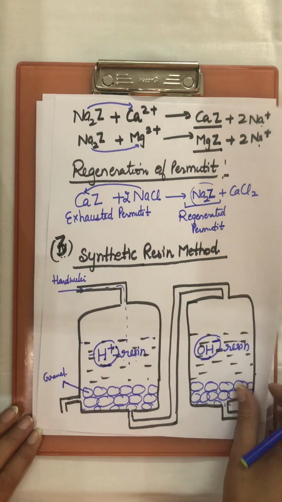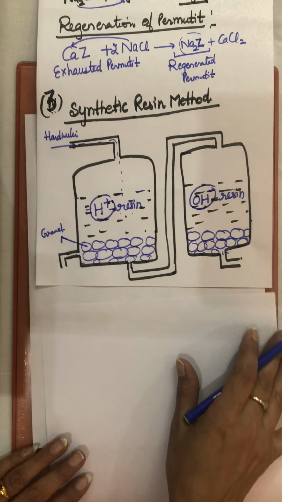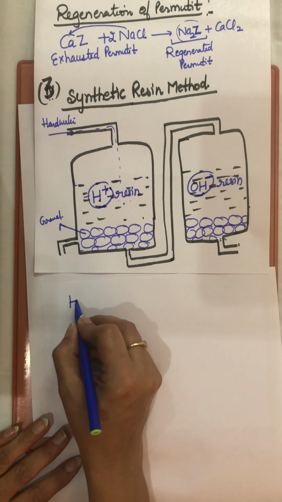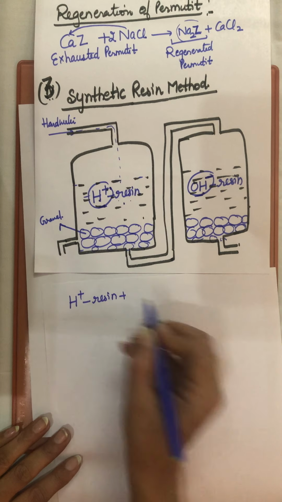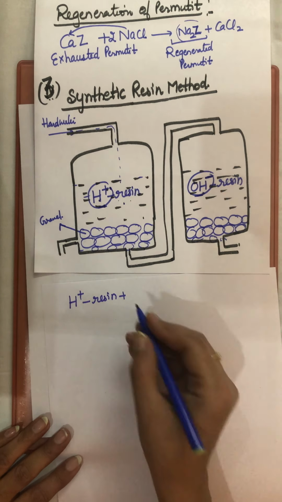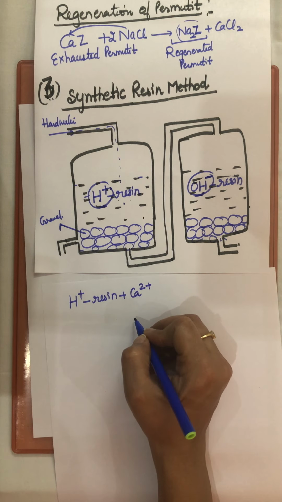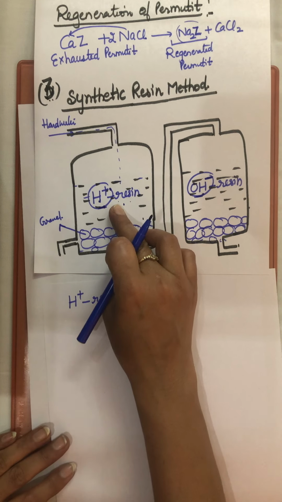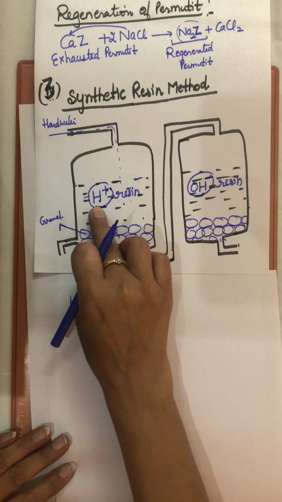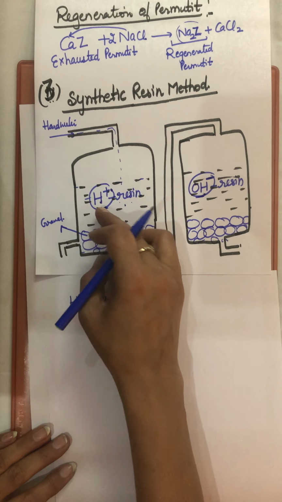When it passes through the H plus resin, see the reaction that takes place here. In hard water we have calcium and magnesium cations. So when hard water is passing through this resin layer, it will exchange the calcium and the magnesium of hard water with this H plus.